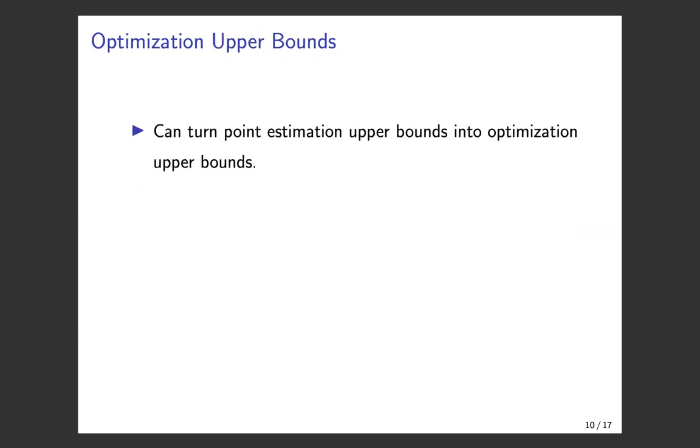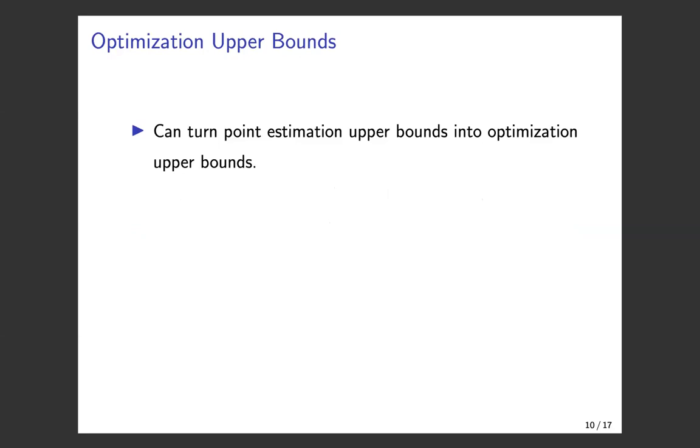Okay, so that was point estimation. But it turns out that you can relate this to maybe the problem that one might really care about, which is optimization, which is finding these parameters, theta, that do a good job and that have low loss according to the objective function.